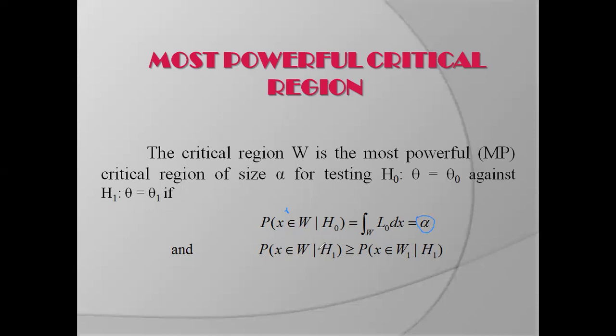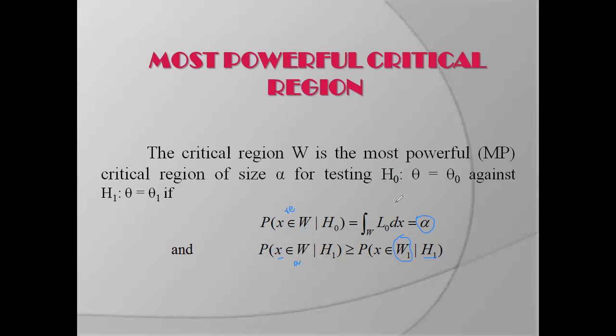And the probability of x belonging to W under H1, under the alternative hypothesis, should be greater than or equal to that of another critical region W1, also under H1. That means P of x belonging to W under H0 is the probability of rejection, and P of x belonging to W under H1 is the probability of acceptance.